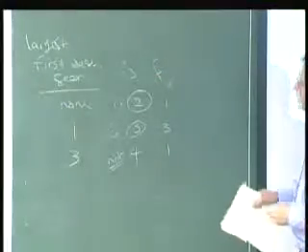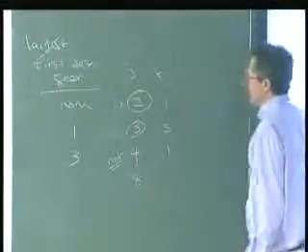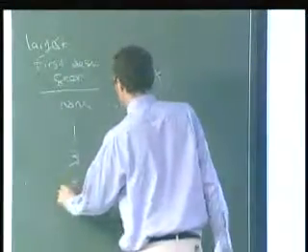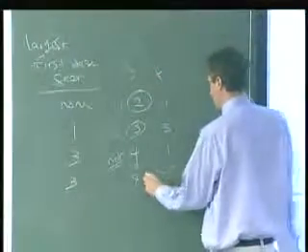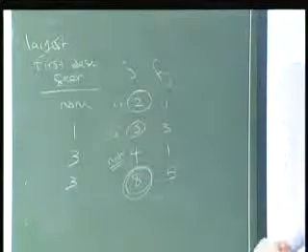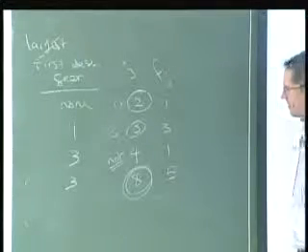And then I come to node 8, and the largest descendant seen so far is 3, but the first of 8 is 5. Ooh. So that's a leaf. That's a whole new branch. It's the root of a whole branch of the entire elimination tree.